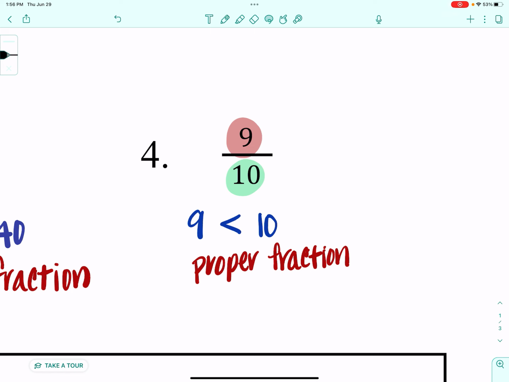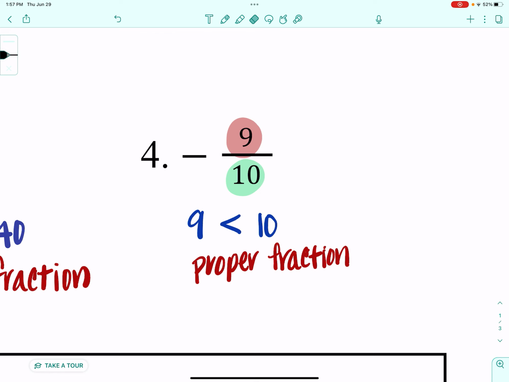Then we can go back and bring back our negative, and it's still a proper fraction. So the sign in front doesn't affect whether it's a proper or improper fraction. It's just the size of the numerator and the denominator.